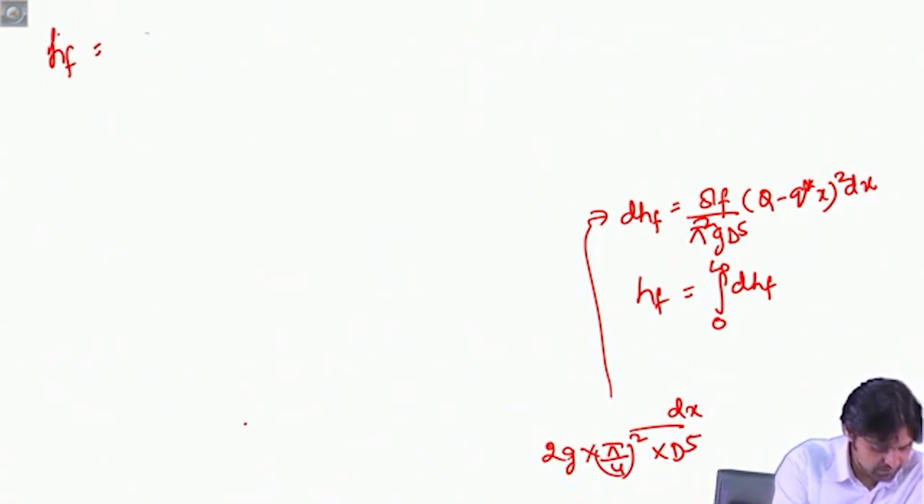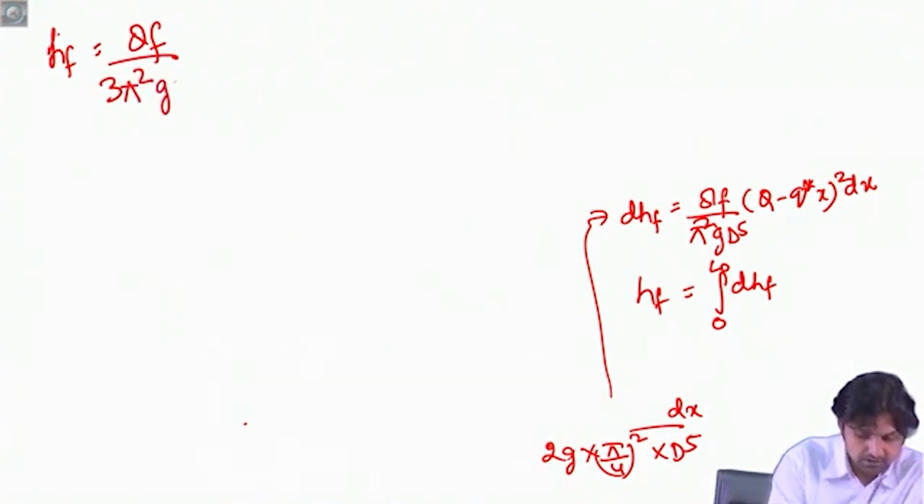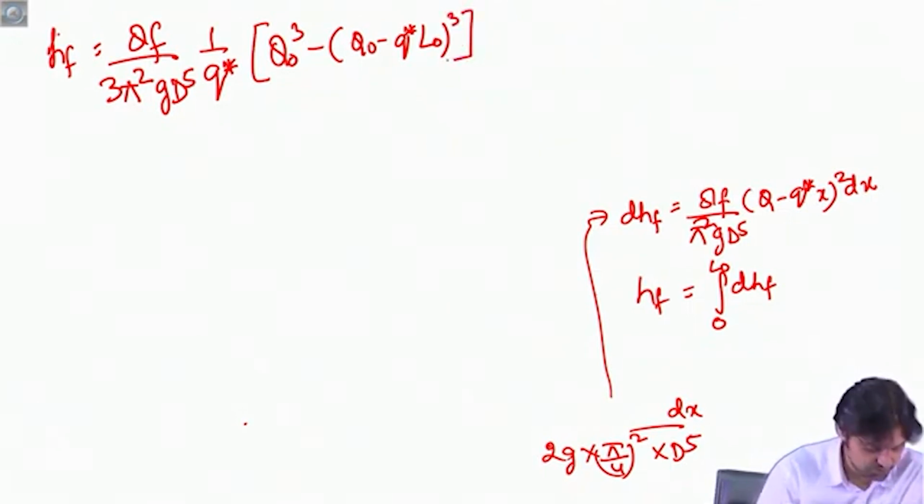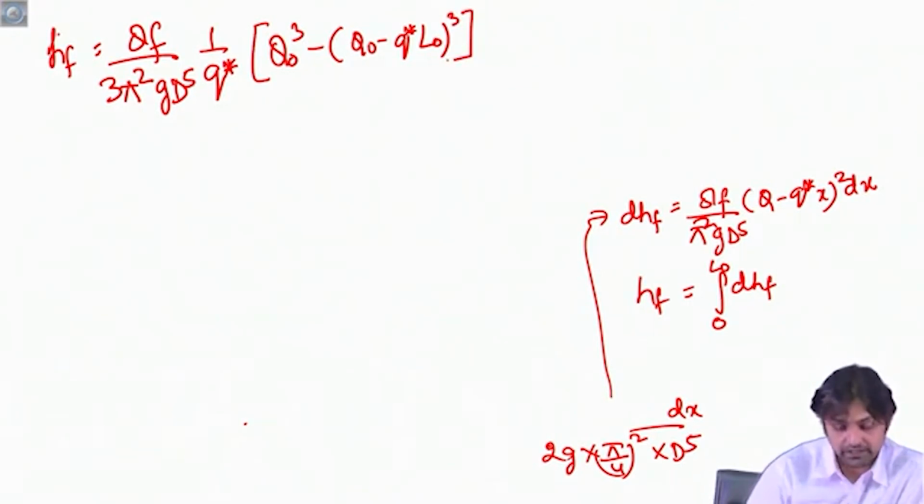So hf comes to be 8f divided by 3 pi square g d to the power 5 into 1 by Q star into [Q naught cube minus (Q naught minus Q star L naught) whole cube]. All right. So this is the general head loss for the continuous withdrawal that we have found out.